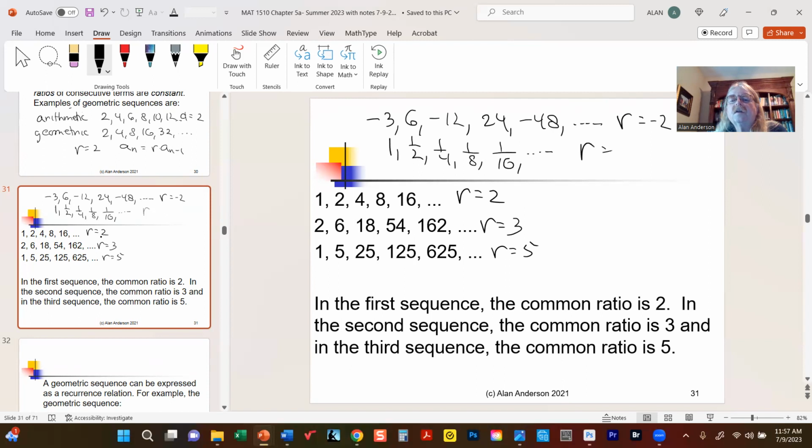Well, it should be clear that the common ratio, since the numbers are getting smaller, but they're not negative, is simply a fraction, which is 1/2. Okay. So in the first case, if you notice the signs are alternating, which is a sure sign that the common ratio is negative. But in the second case, the numbers are simply getting smaller, and they end up having a common ratio of 1/2. All of these are geometric sequences.